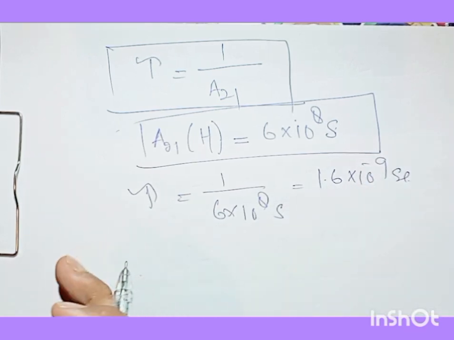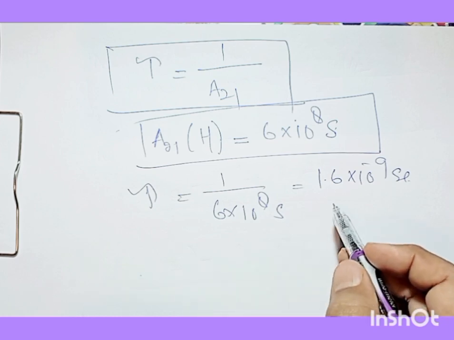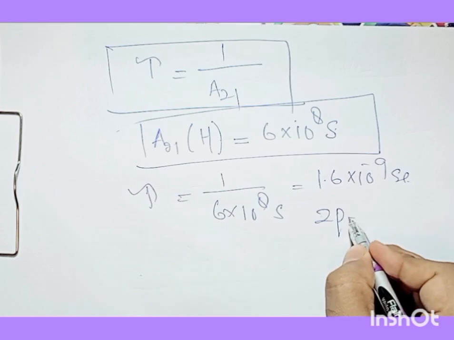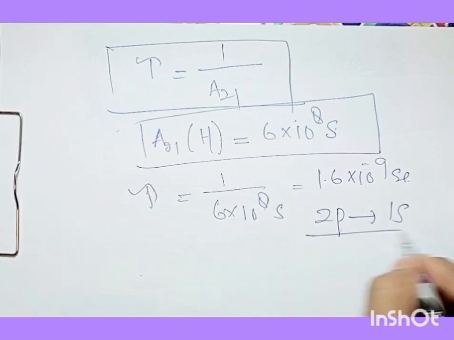This is the mean lifetime of the hydrogen atom in the upper level, corresponding to a transition from P to the 1s state.